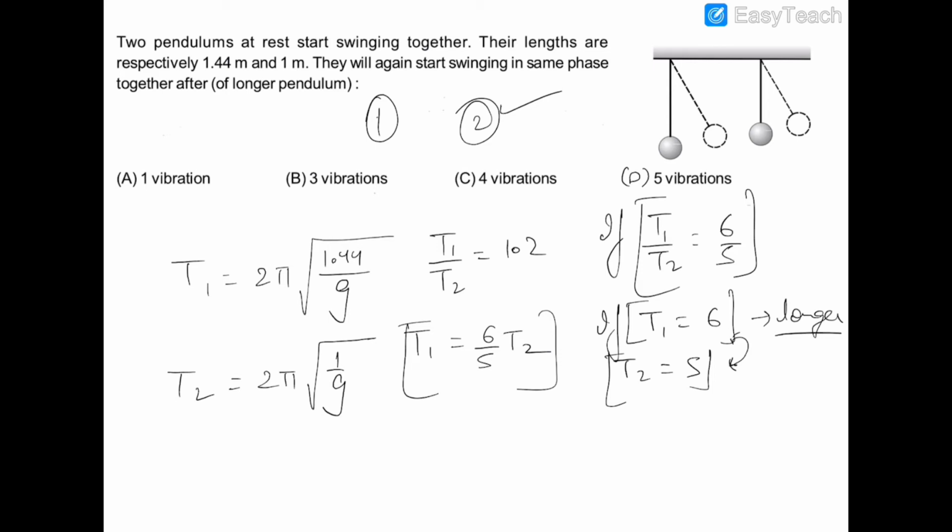So if we check T1 and T2, then the LCM of T1 and T2 is 30.